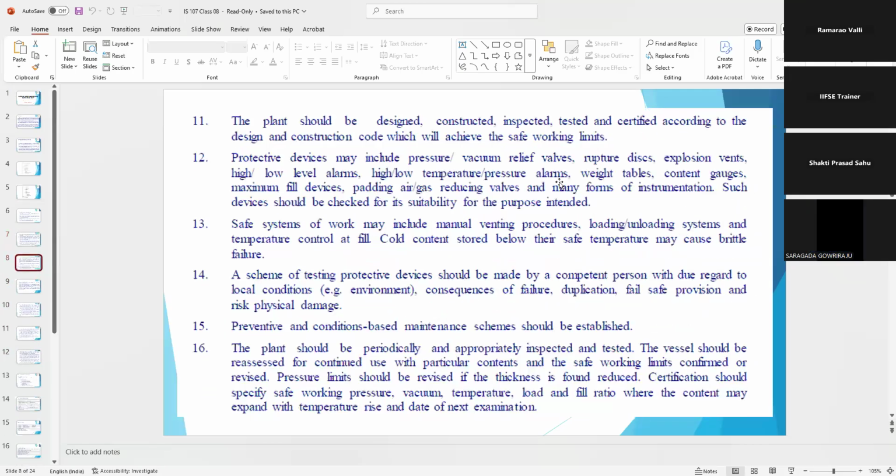The plant should be designed, constructed, inspected, tested, and certified according to the design and construction code, which will achieve the safe working limits. So what is the technique we use for checking the design requirement or design intent?